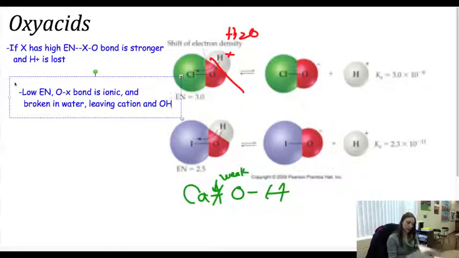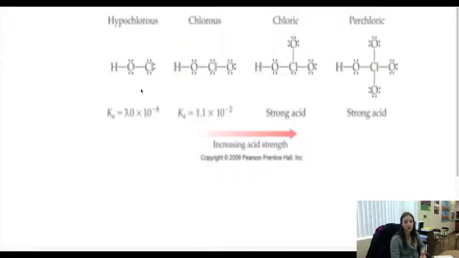The last thing we're going to look at here with these oxyacids is, if you flip over the page, the top. What if I have multiple oxygens connected to my chlorine or my phosphorus or my sulfur? The more oxygens you have attached to your center, the more acidic it is. Perchloric is a very strong acid, so is chloric, but these two, chlorous and hypochlorous, are not.